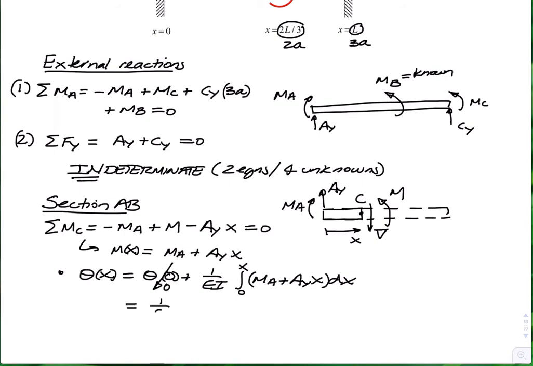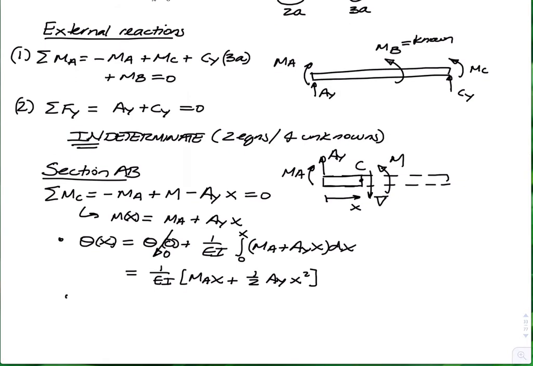So we have 1 over EI times MAX plus 1/2 AYX squared. V of x, our deflection, is going to be what it is on the left side, plus the integral of theta, which is 1 over EI, MAX plus 1 half AYX squared dx.